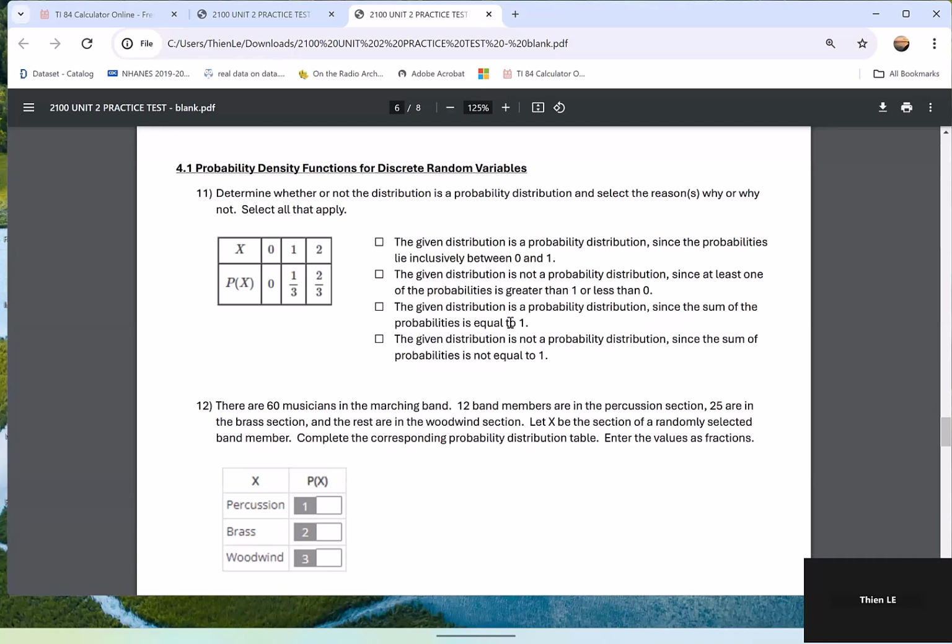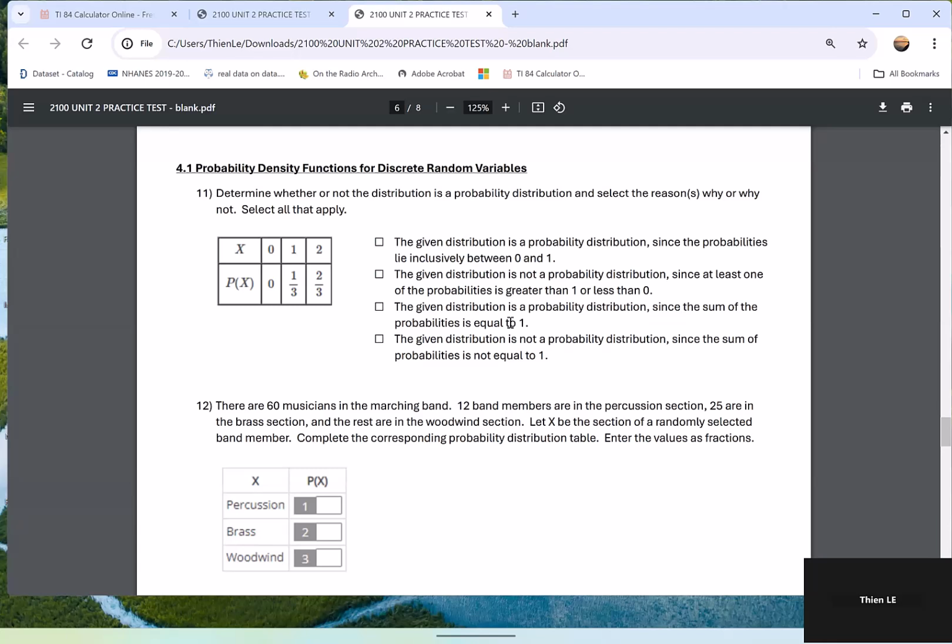So we look at this table, X equals 0, 1, 2. Each value has a probability between 0 and 1, 1/3, 2/3, and the sum is 1. So it's a probability distribution table.